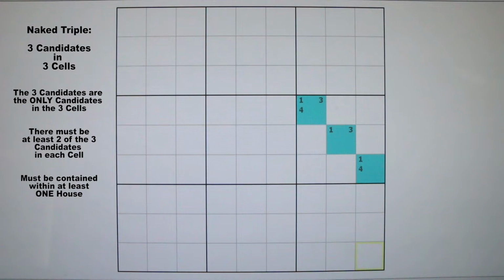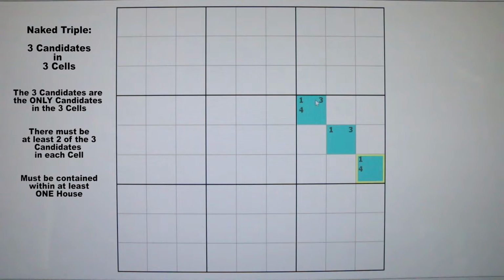All right, here's another naked triple that lies within a block this time. Block number 6. 3 candidates in 3 cells, 1, 3, and 4. And this time, 2 of the cells only have 2 candidates each in them, which is fine. So let's take the 3 cases for the first cell and see what happens. Let's imagine we solve the first cell for 1, we get 2 naked singles.